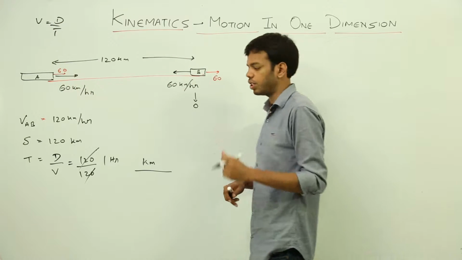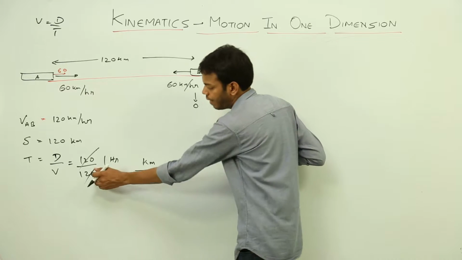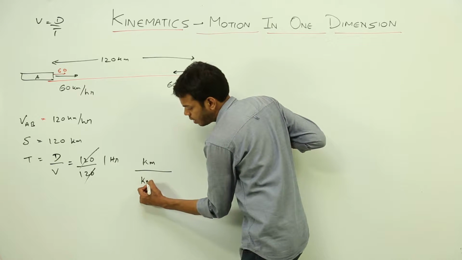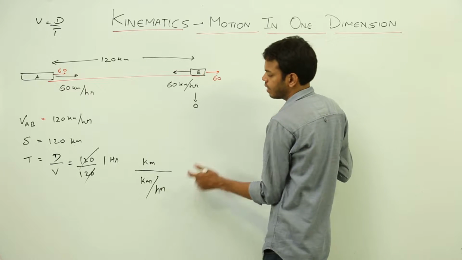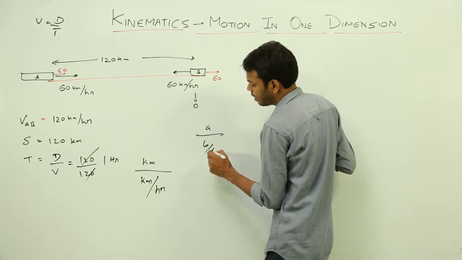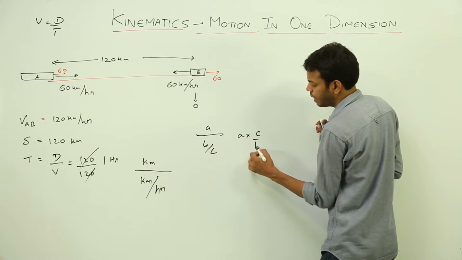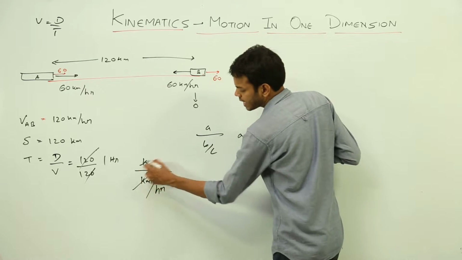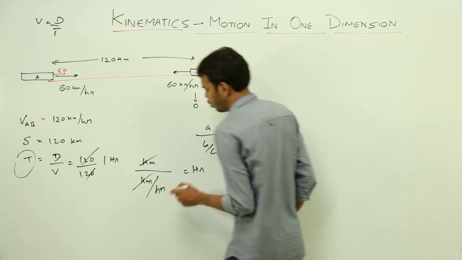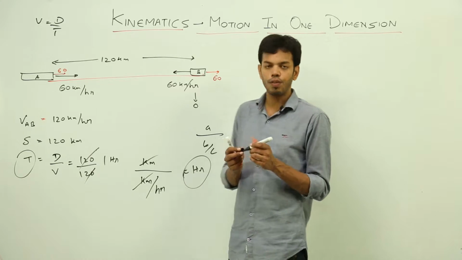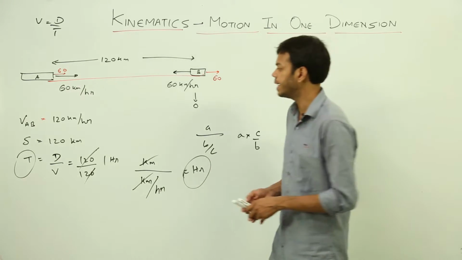So much easier for you now. On the denominator side, what do I have? I have kilometer per hour. This is A upon B by C format, so this C will go up. This is basically A into C by B. So here the kilometer gets cancelled out and you are left with hour only. We were calculating time and our unit is in hours. So this will give you an idea whether the answer you deduced is right or wrong in terms of units, right?